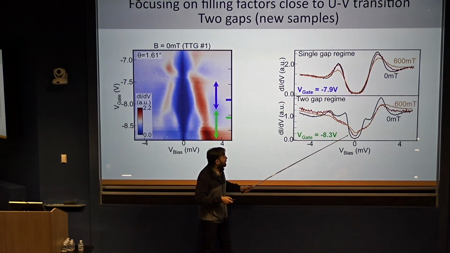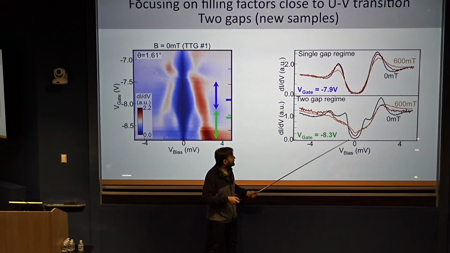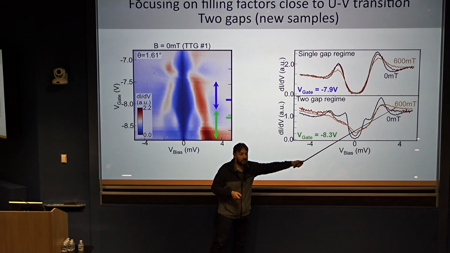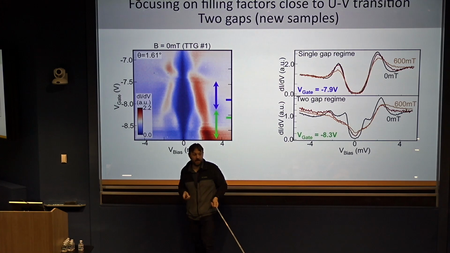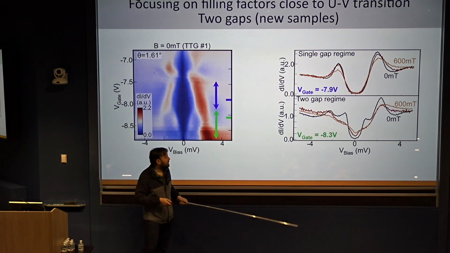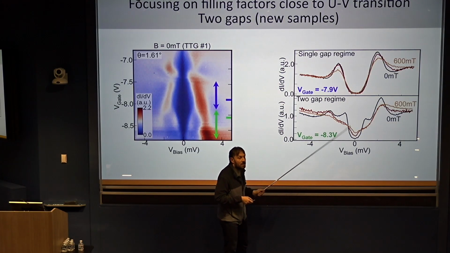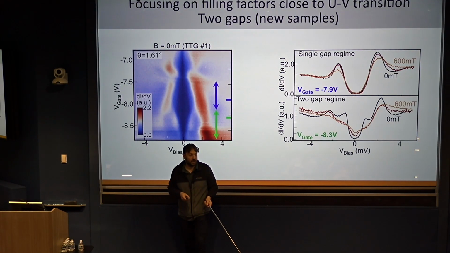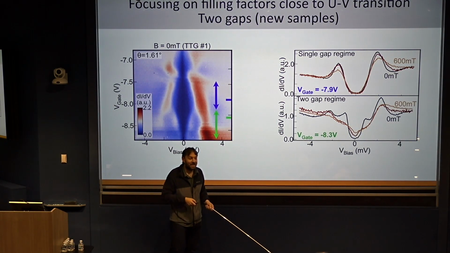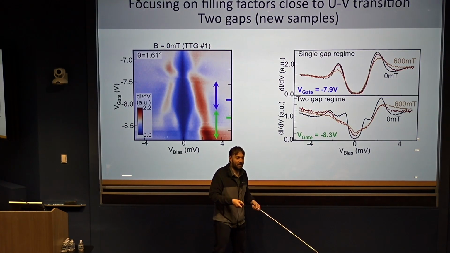And the smaller one disappears if you apply magnetic field. So at least this thing inside, you can attribute more confidently to be your superconducting gap, okay?